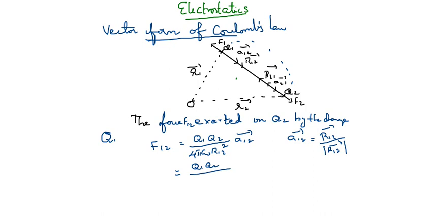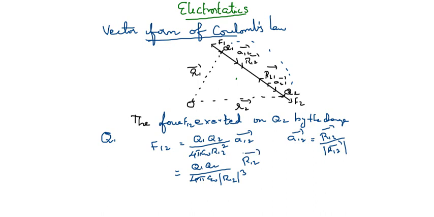Already R12 square is there, so R12 cube into this R12 vector. So this is the force F12 exerted on Q2 by the charge Q1.